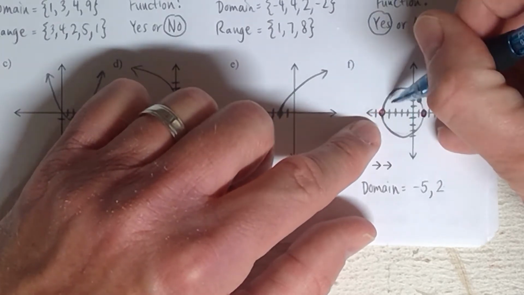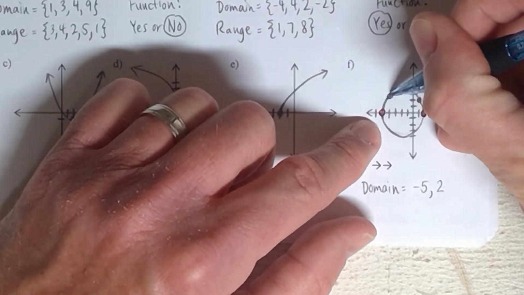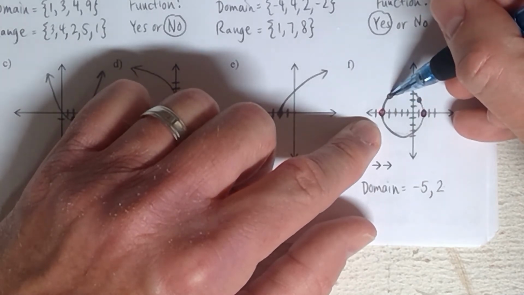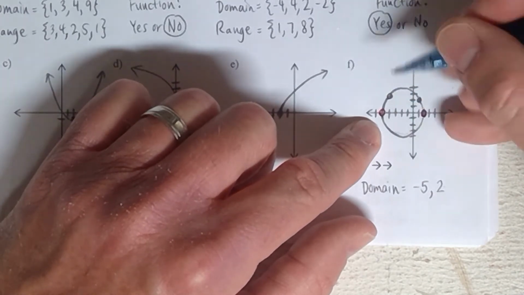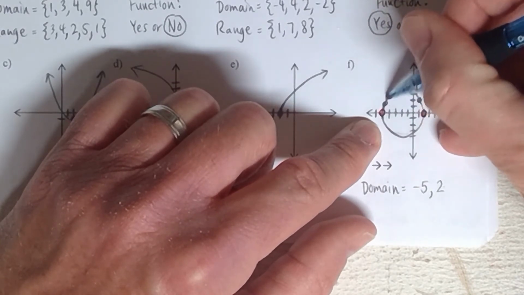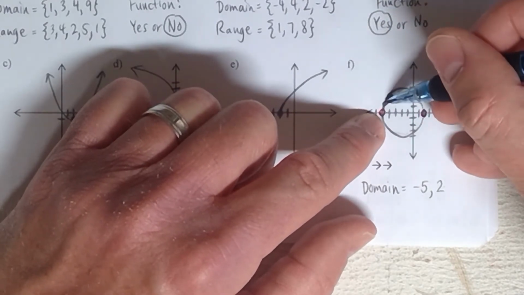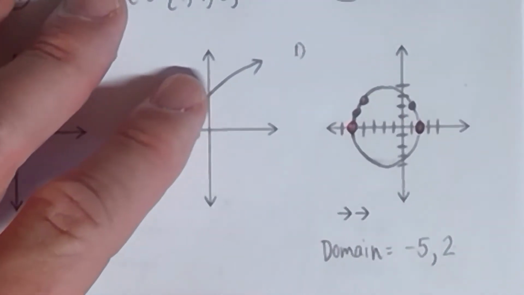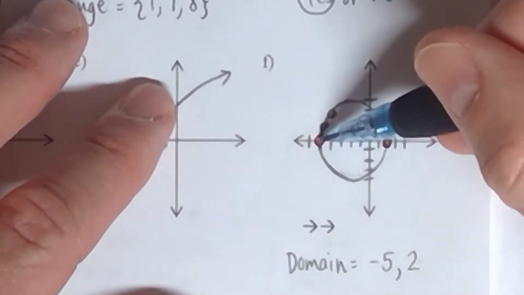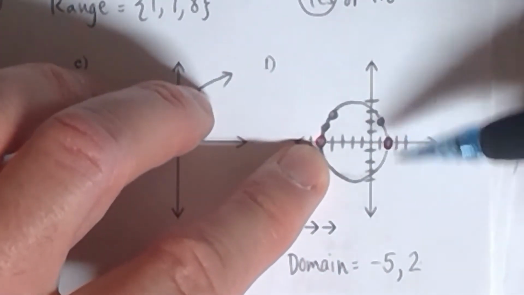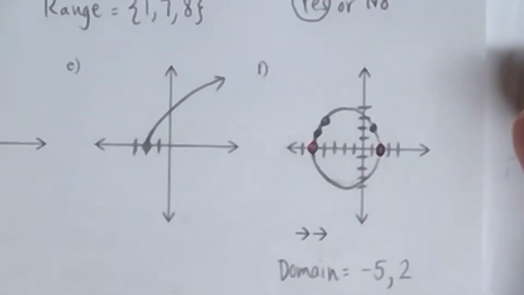For example, x equal to -4, that has a point. Since it has a point right there, that means that -4 is in the domain. x equal to -4.5 has a point here. It's right about here. It's kind of hard to see because it's a decimal, but it's there. The point is that if you take the leftmost x and the rightmost x, every single number in between will be in the domain.